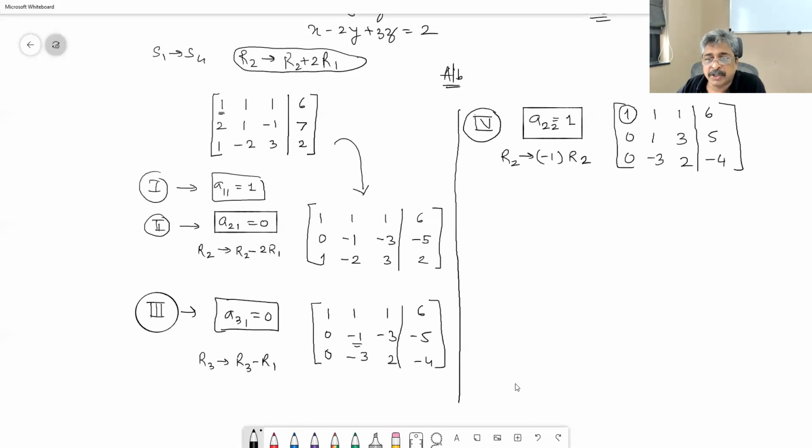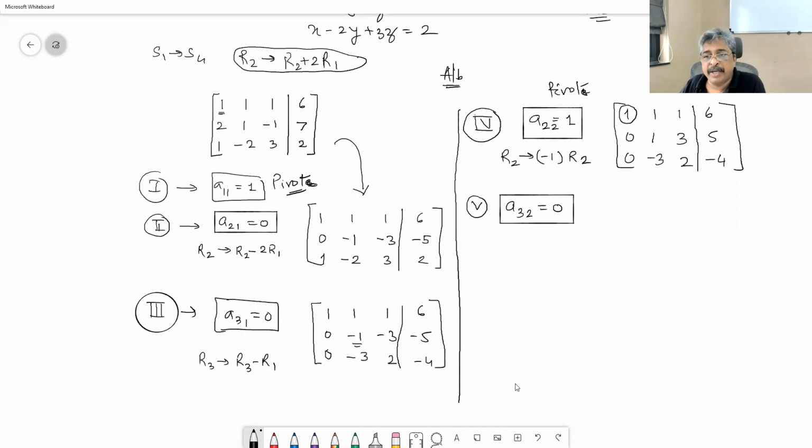These are called pivots. A11 is a pivot, A22 is a pivot. Okay, so we have achieved this. Now the fifth step is to make A32 equal to 0.